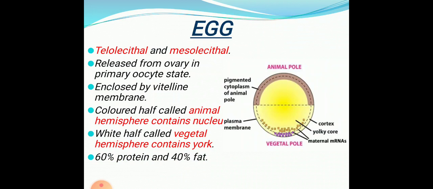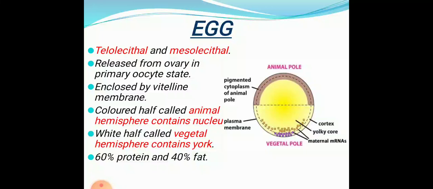The egg is non-cleidoic. Non-cleidoic means the egg is not covered by a calcareous shell. If the egg is covered by a calcareous shell, then it is called cleidoic egg. If the egg is not covered by a calcareous shell, then it is called non-cleidoic egg, as the shell is completely absent.